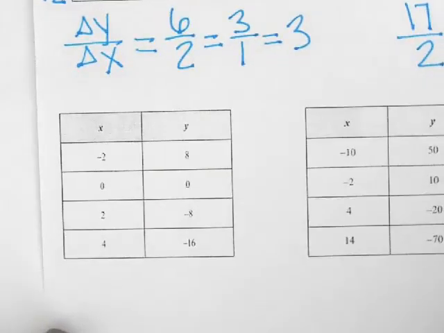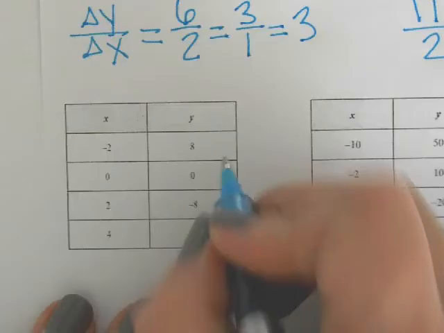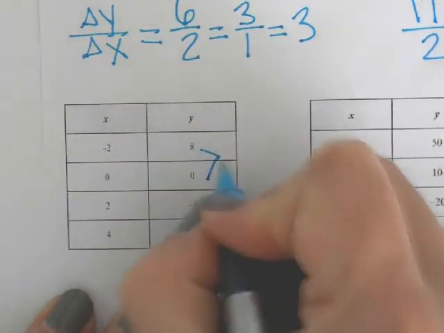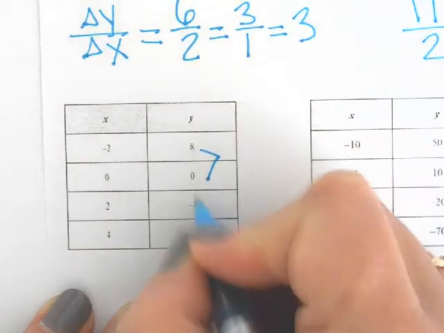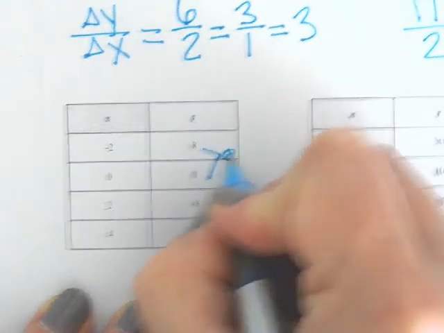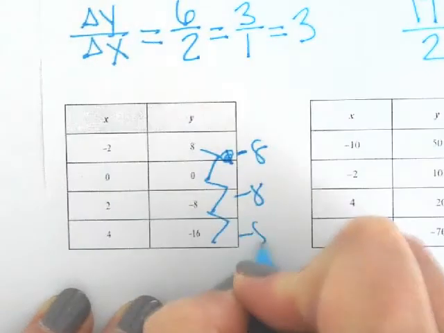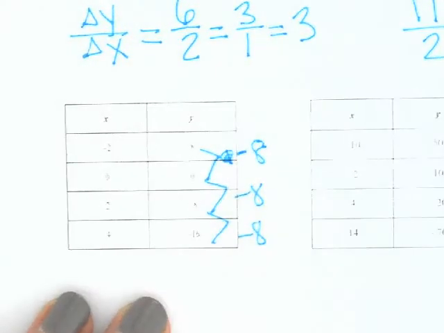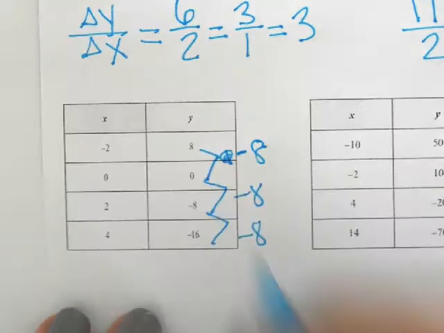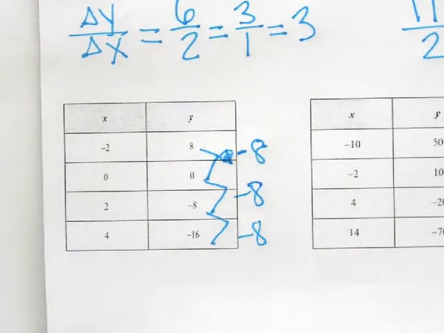Next example. So remember, it's the change in y over the change in x. I'm looking at my y values, so the difference in my y values are from 8 to 0, 0 to negative 8, minus 8. So I am decreasing by 8. And then for my x values, what's happening?